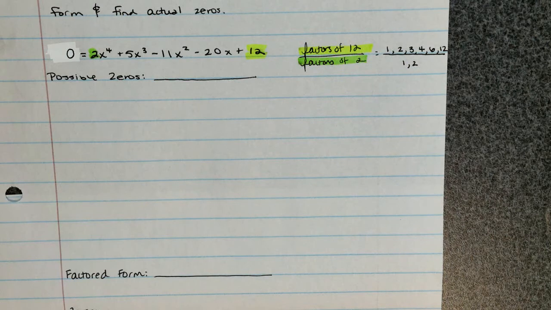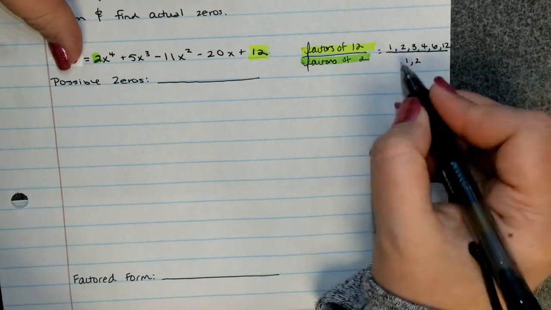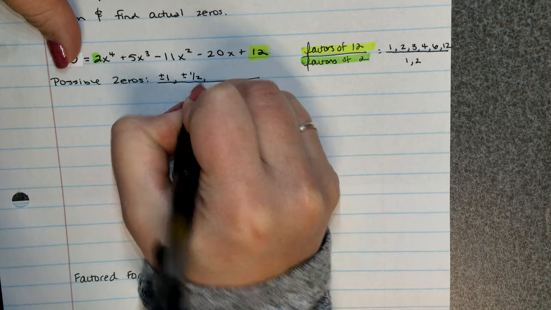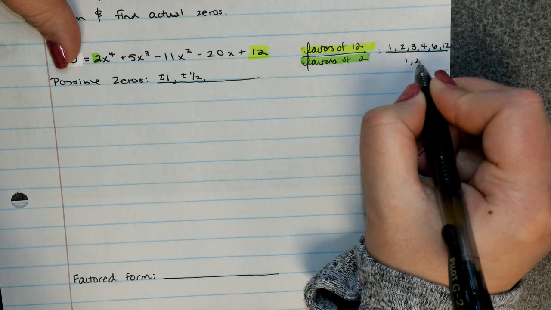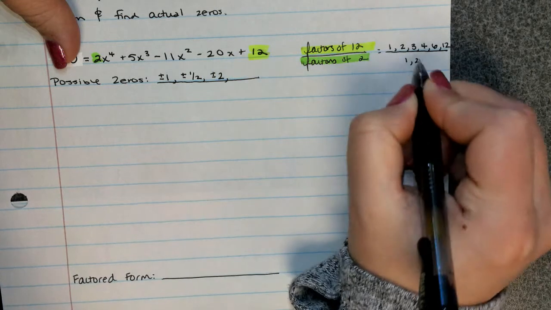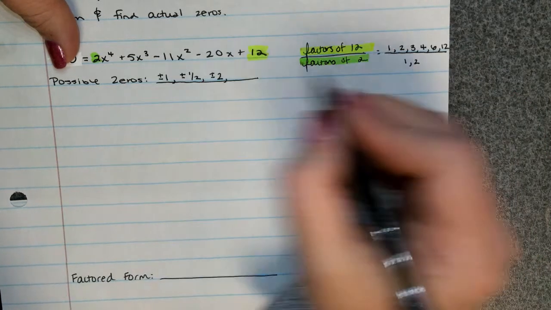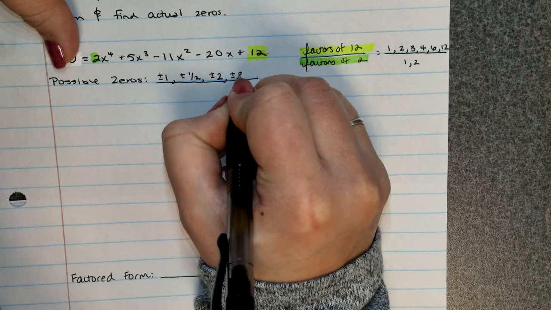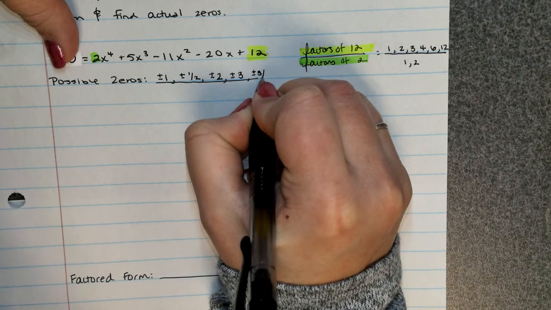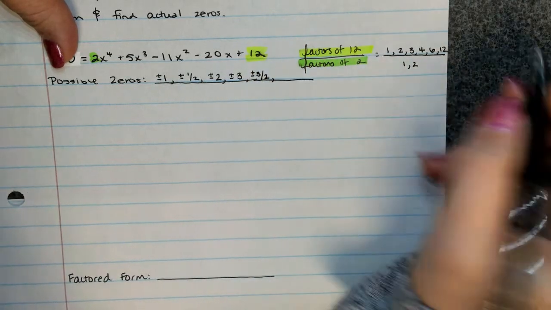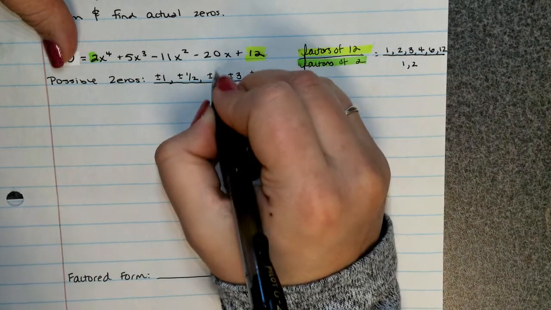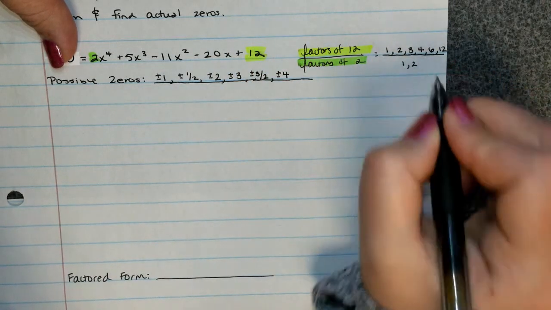So now let's come up with our possibility of zeros. 1 over 1 or 1 over 2. So positive or negative 1, positive or negative 1/2. 2 over 1 or 2 over 2. So positive or negative 2. 2 over 2, though, is 1, which we already have on our list. 3 over 1, positive or negative 3. 3 over 2 is not there yet, so let's put that in. 4 over 1. 4 over 2 is 2, it's already on our list. 6 over 1.